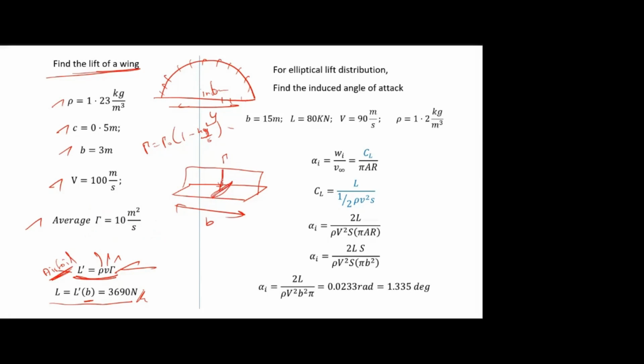So once we find the lift at one particular point, then simply we can multiply with the span, we can get the overall lift. This is a very simple question, but you have to visualize this. The circulation is constant, the lift is also constant everywhere, so simply you have to multiply with b, that you have to think. Is it clear?